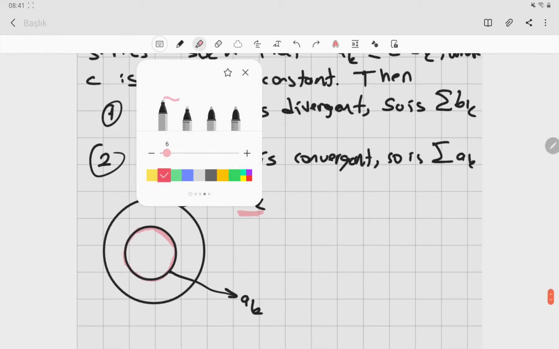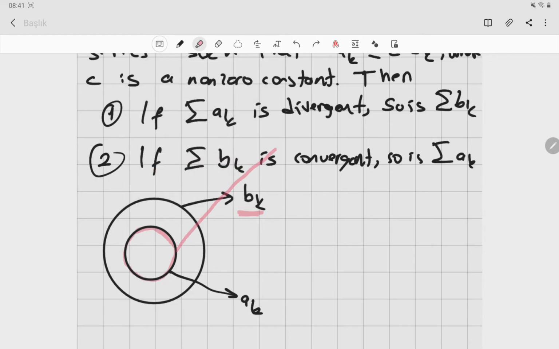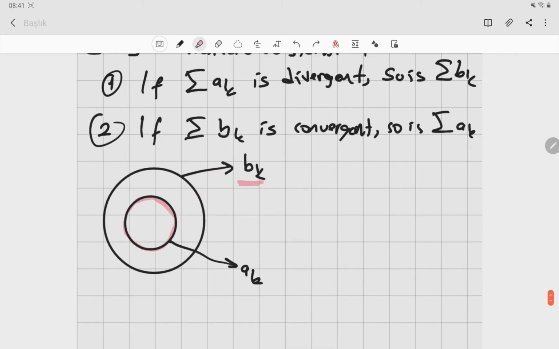If the small part is divergent, then the big part is already divergent. So this is how these tests work.